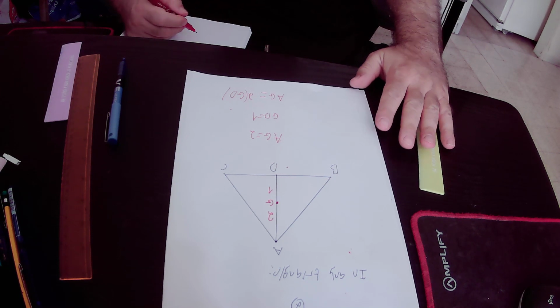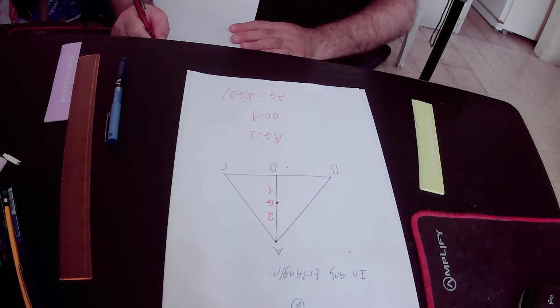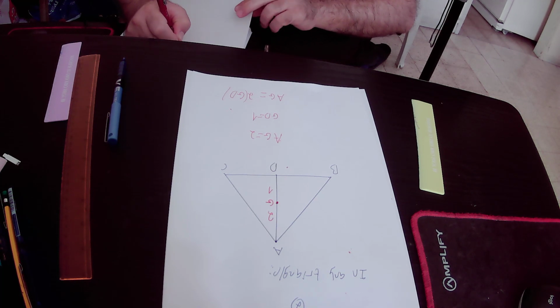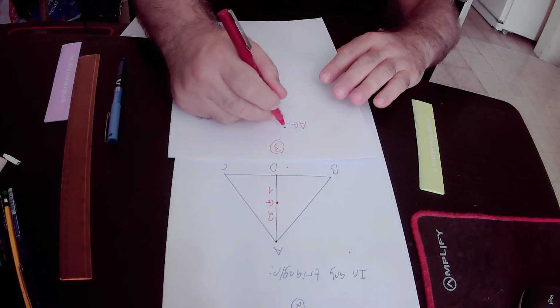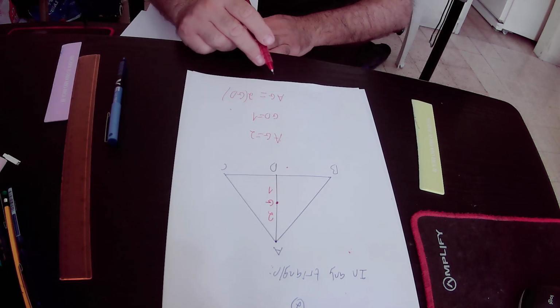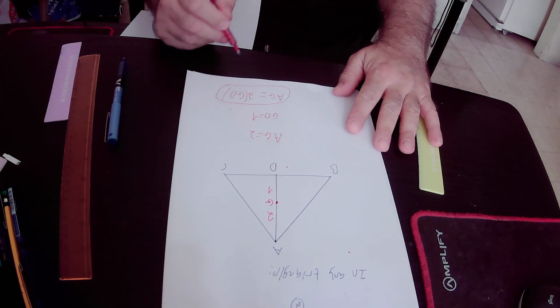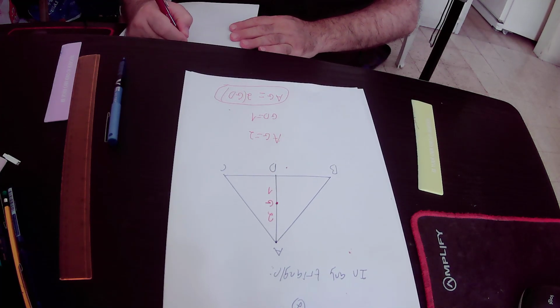Okay, so if we define AG as 2x, that is to say, if AG equals 2x according to our definition, then we can substitute AG in this equality by 2x, and we will get that 2x equals 2 times GD.